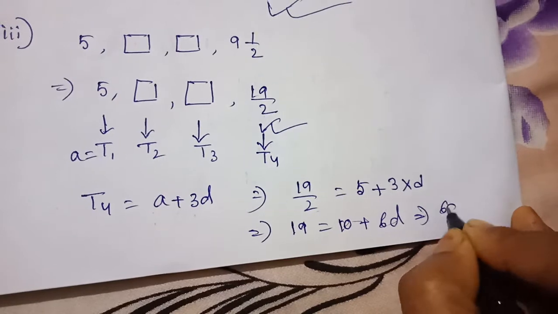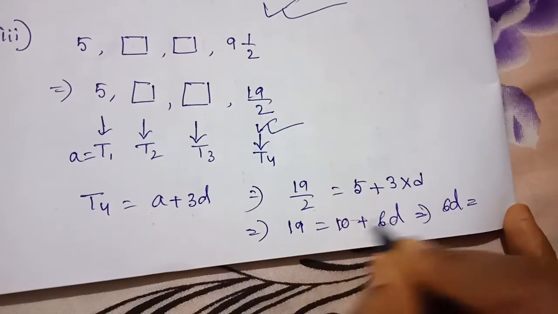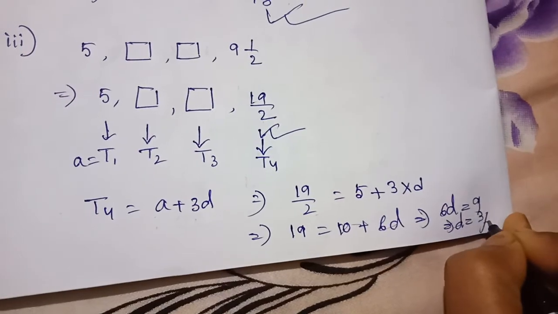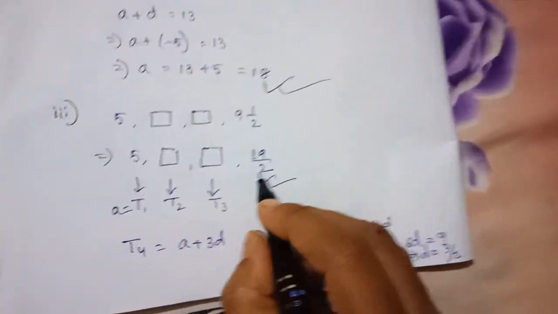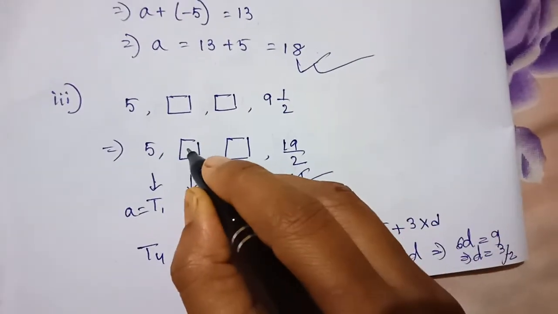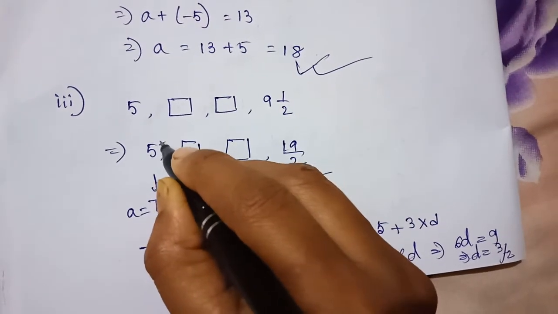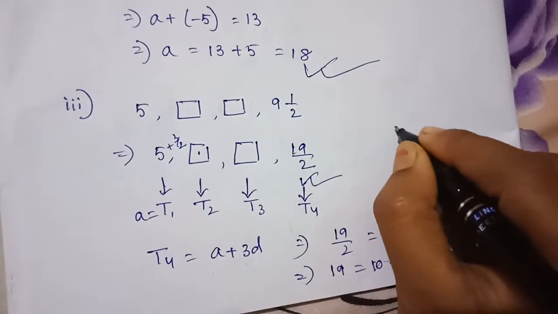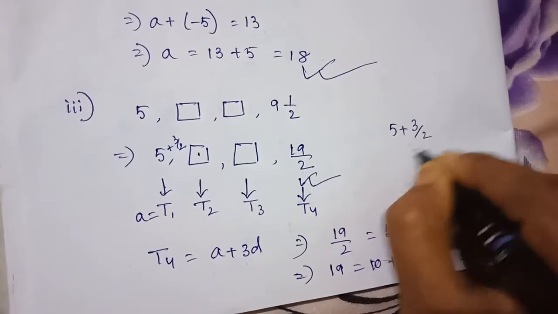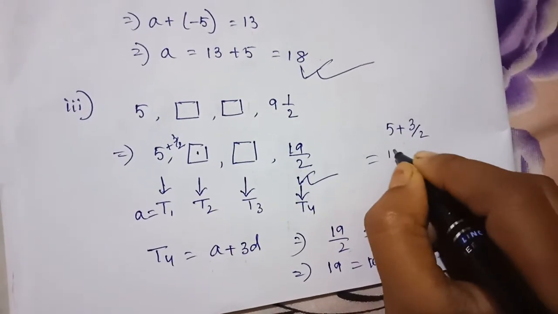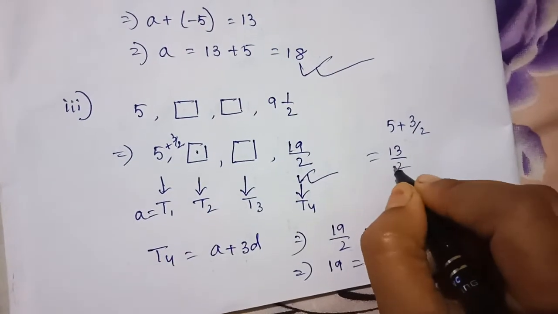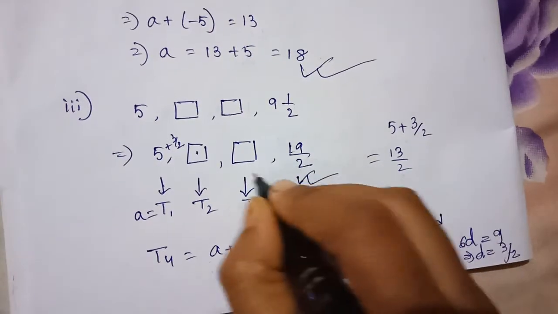We get 6D as 19 minus 10, that's 9. So D equals 3 by 2. Once we have D equals 3 by 2, this portion will be 5 plus 3 by 2, which is 13 by 2. So we will write here 13 by 2, or you can directly write 6 whole 1 by 2.